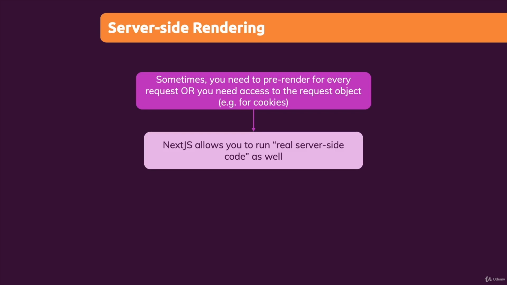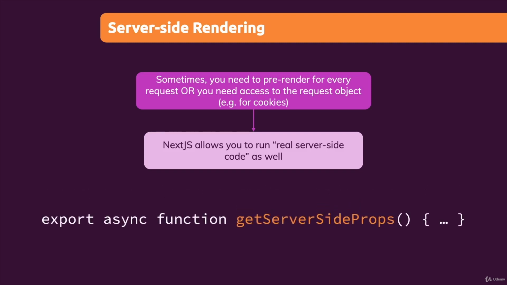So that's then not pre-generated in advance during build time or every couple of seconds, but it's really code that runs on the server only, so only after you deployed it, and which is then re-executed for every incoming request. And that code is added to a function called getServerSideProps.